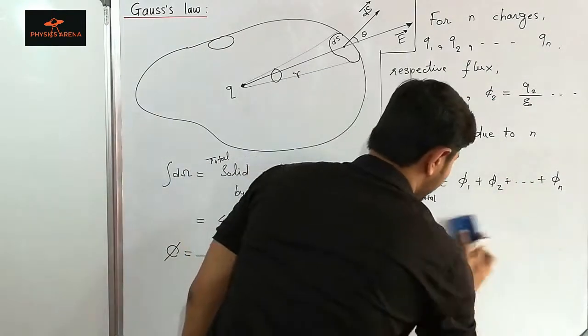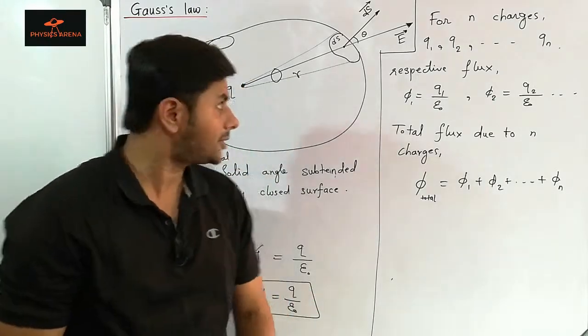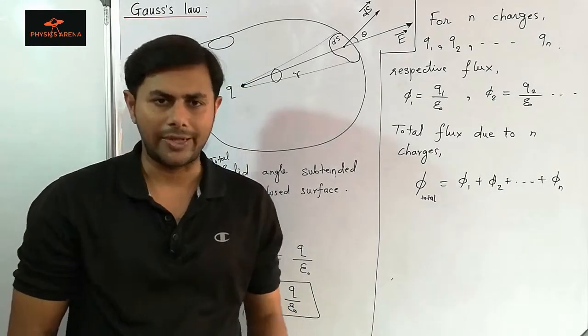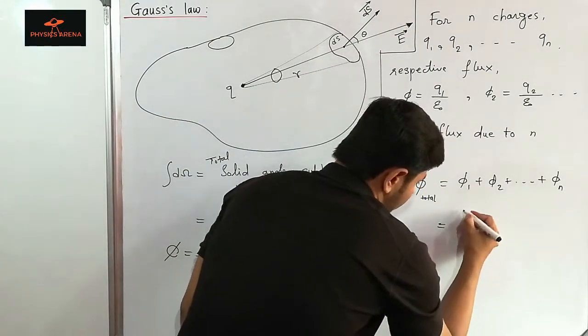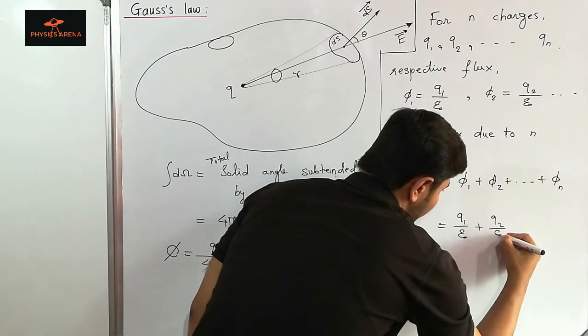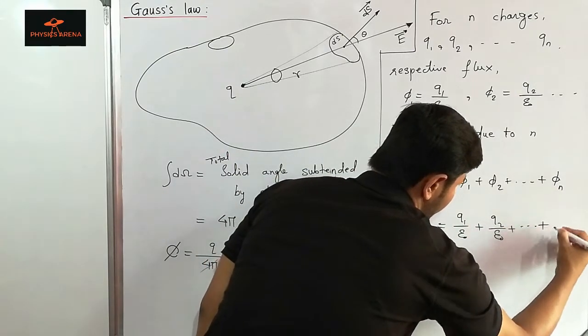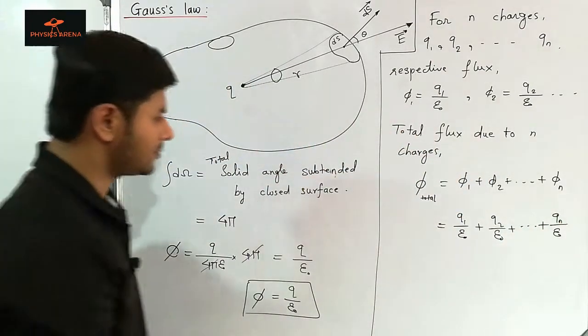It is just the sum of the fluxes due to the individual charges q1, q2 up to qn. So this is equal to q1 divided by epsilon naught plus q2 divided by epsilon naught, and so on up to qn divided by epsilon naught.